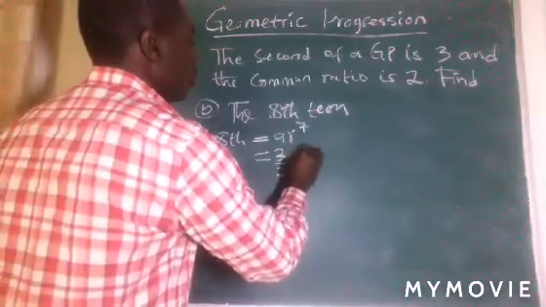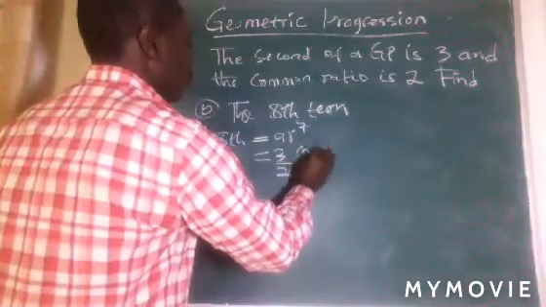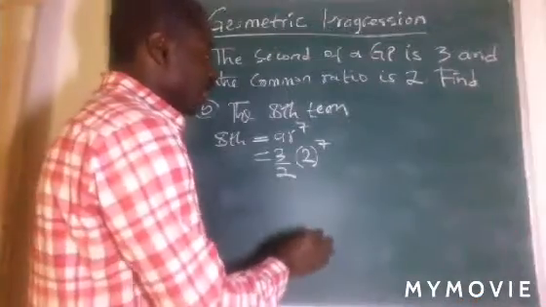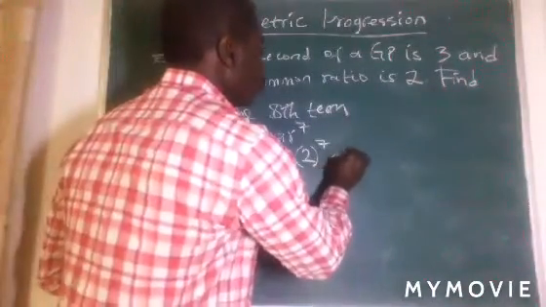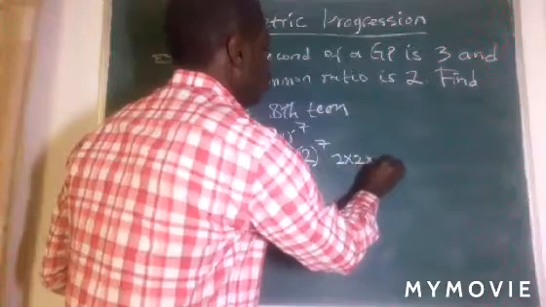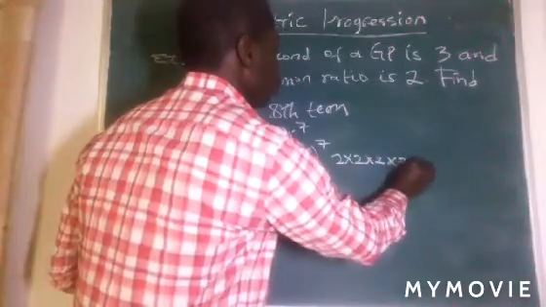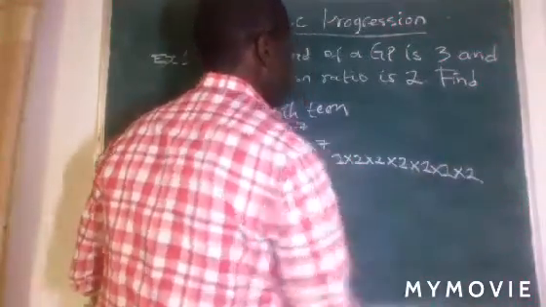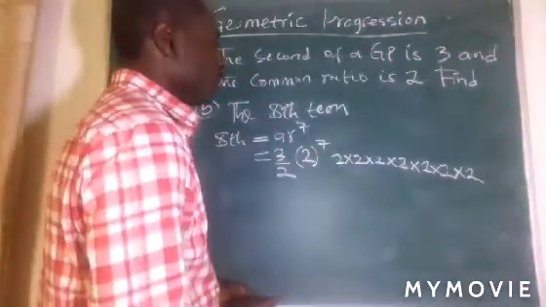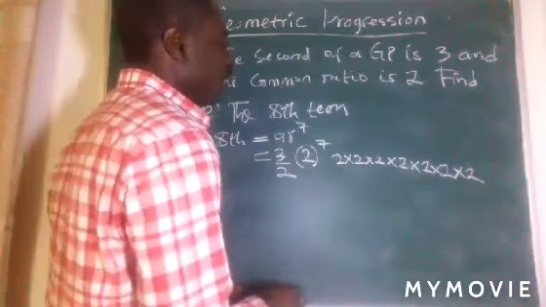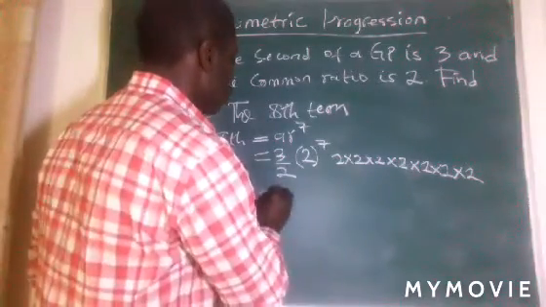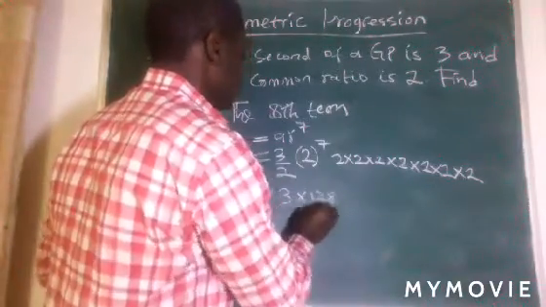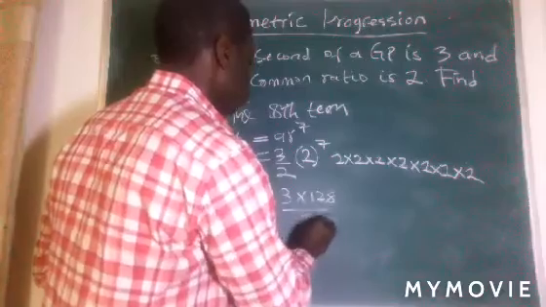The common ratio is 2 raised to the power of 7. 2 raised to the power of 7 simply means 2 times 2 times 2 times 2 times 2 times 2 times 2, which will give us 128. So it's equal to 3 times 128 divided by 2.